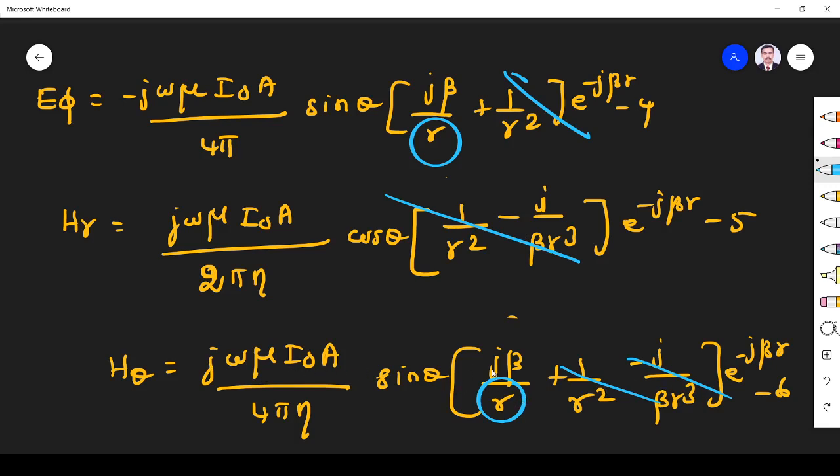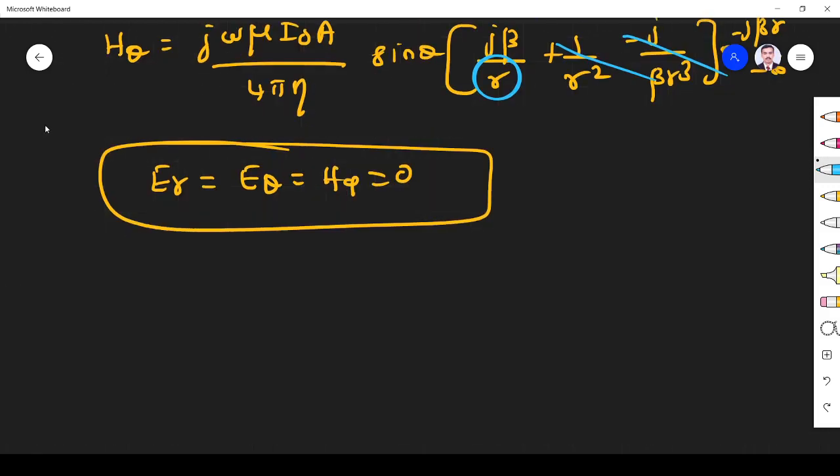So what is it? j into j squared minus 1, like that it will come. So we can write minus omega, the same thing will come, minus omega mu I naught by eta. So what is E phi value?